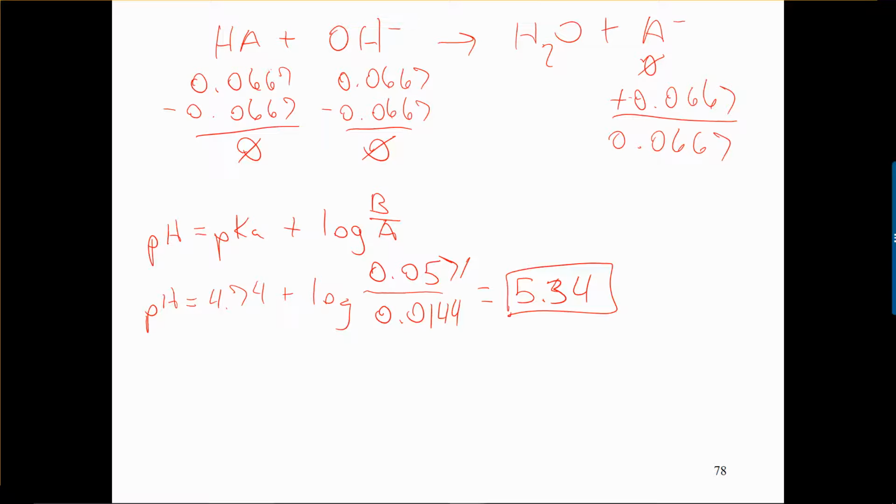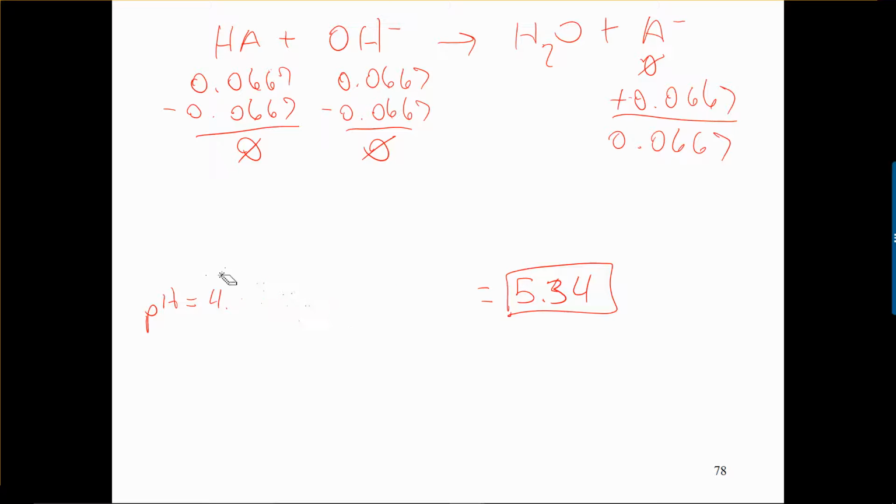In this case, I am not going to use Henderson-Hasselbalch because I do not have acid and base concentrations. I don't have any more acid. All I have is a weak base.